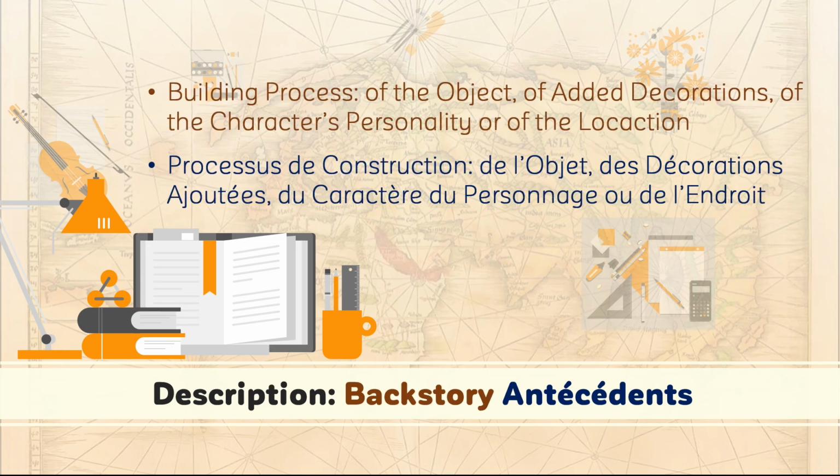So another paragraph might be the building process of the object, of the decoration on the objects or the scene, of the build-up of the character, of its personality, his scars and his missing limbs or anything, the story behind it, the story behind the location, how it was built, who were there, things like that, that can help add important details that people will find very exciting and not generic.